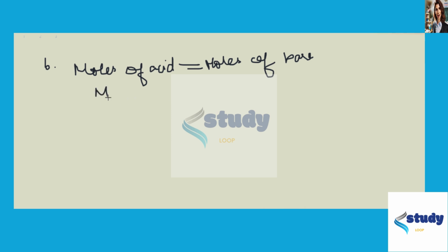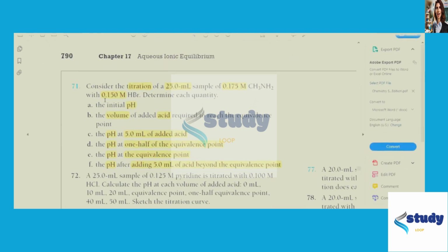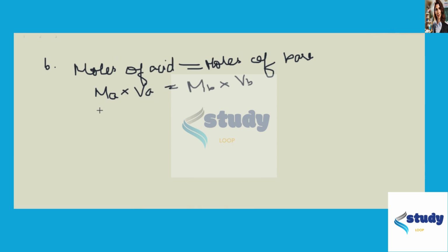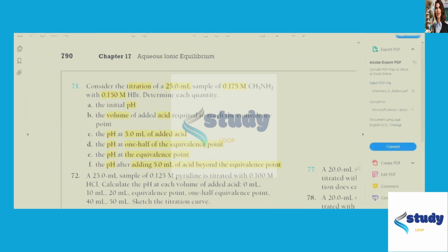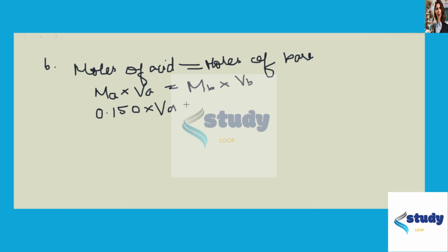You multiply the molarity of the acid by the volume of the acid. For the moles of base, you multiply the molarity of the base with the volume of the base. The molarity of the acid as given in our question is 0.150. Remember that the volume of the acid is what we need to find, so it's the unknown quantity over here.